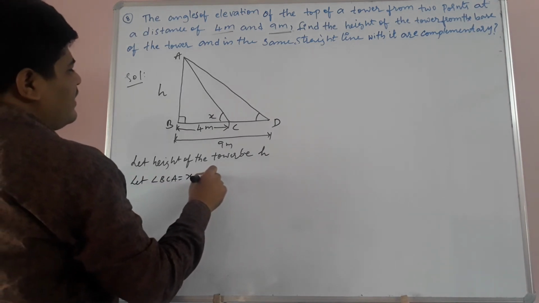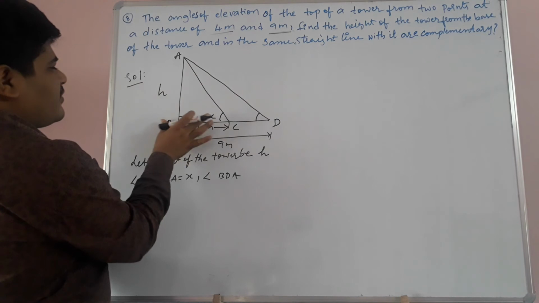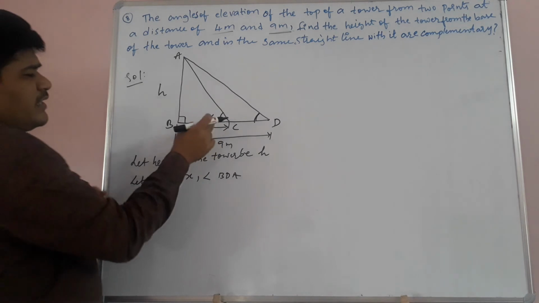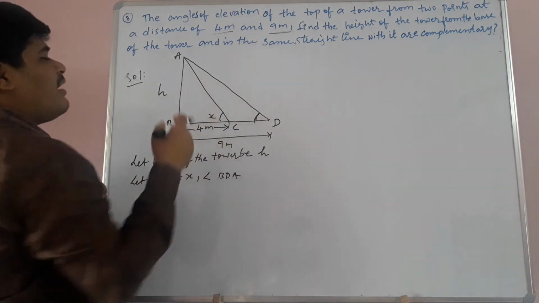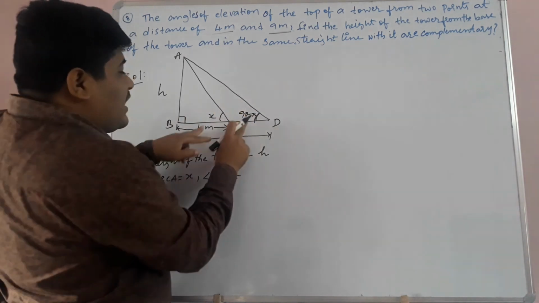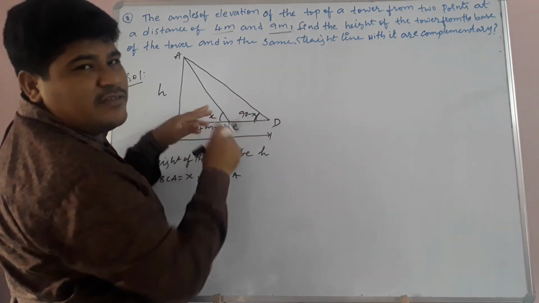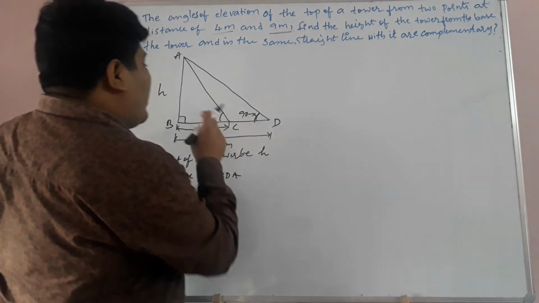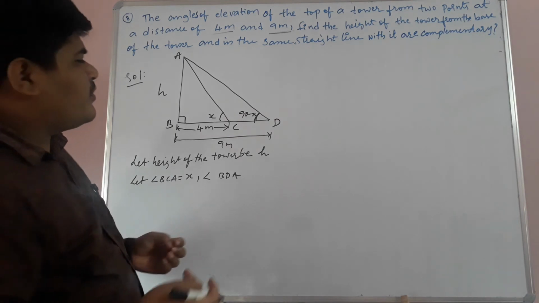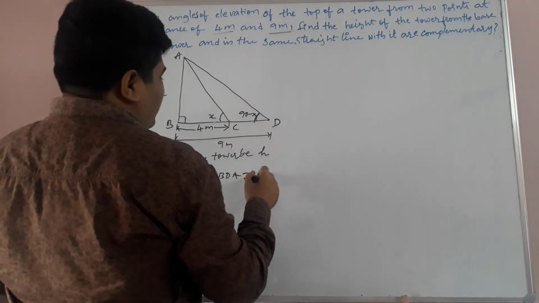Then what will angle BDA be? They mentioned BCA and BDA are complementary angles. So if it is x, this is 90 minus x, because the sum of these two angles must be 90 degrees. If one angle is x degrees, another will be 90 minus x. If you add x and 90 minus x, the sum is 90 degrees only. So if angle BCA is x, then angle BDA will be 90 minus x.